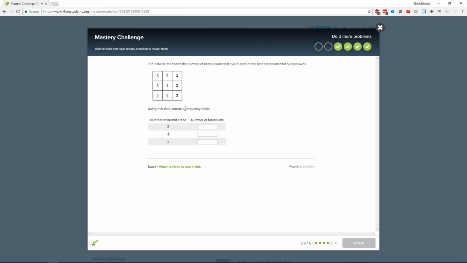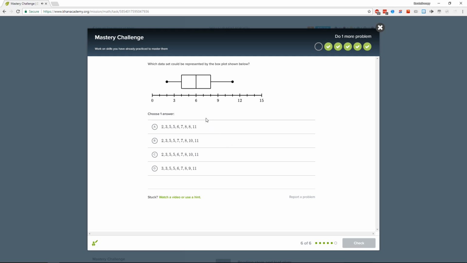Okay. Create a frequency table. Number of hermit crabs, 4. 1, 4. Box plots. Let's see, so it has to be, is it 6?